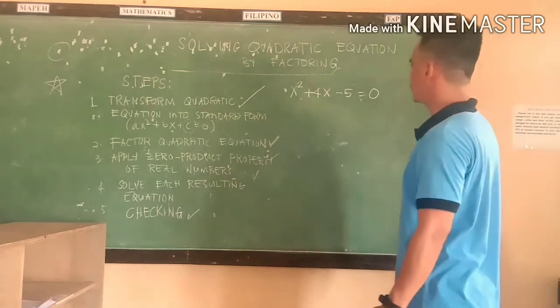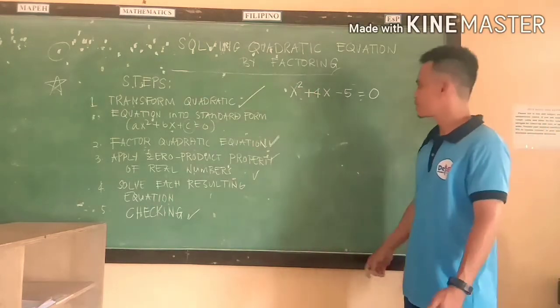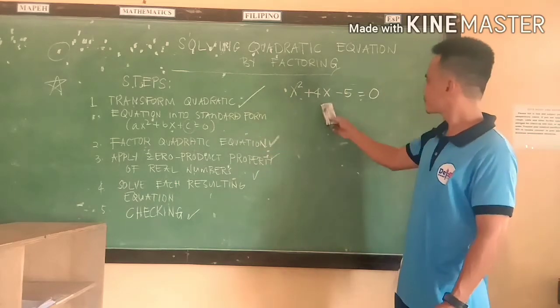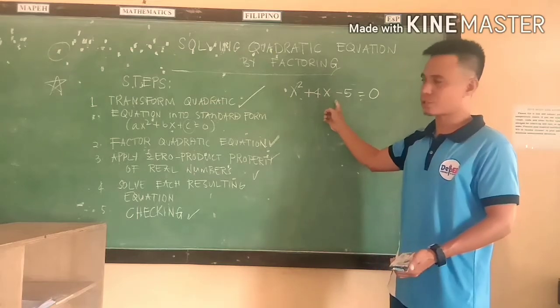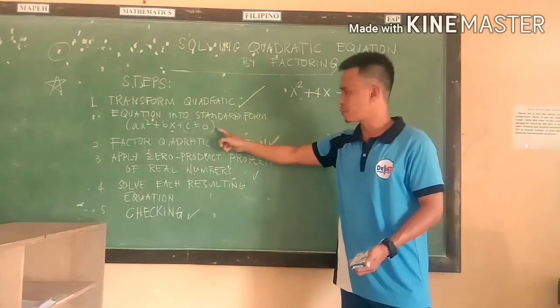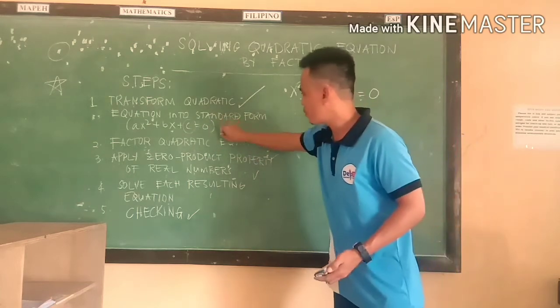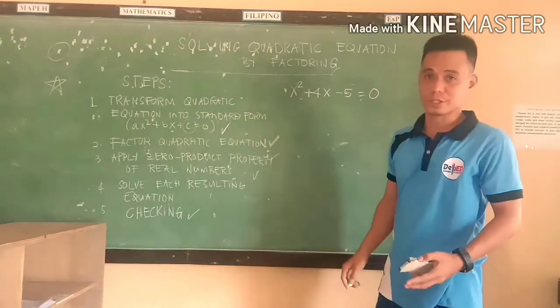Okay, so let's try to solve this one by factoring. So follow the steps again. Transform. Kailangan pa ba? As you can see, the given equation has already been transformed into standard form. So wala ka nang isipin. So step number 1 is already done.